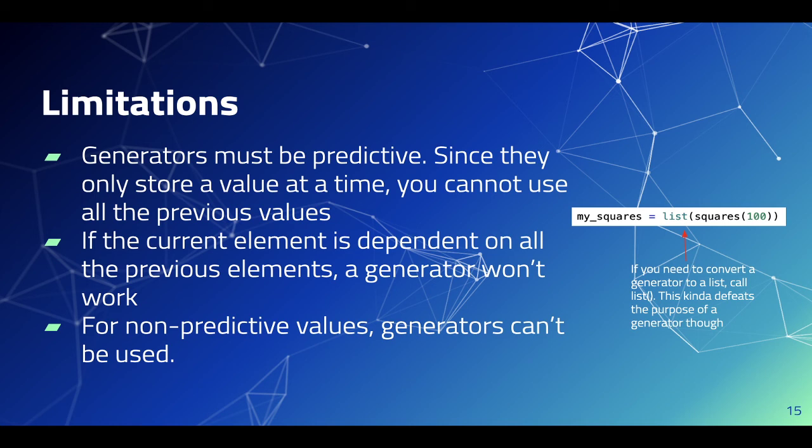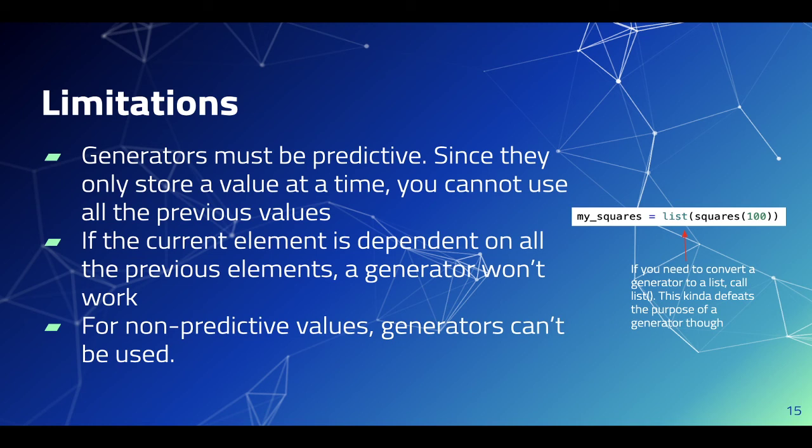So we have 0, and then we calculate 1, and we keep adding and taking the sum of the previous numbers. If we have that, we can't use generators, right? Because we're only keeping track of the previous number and the current number to predict the next number.